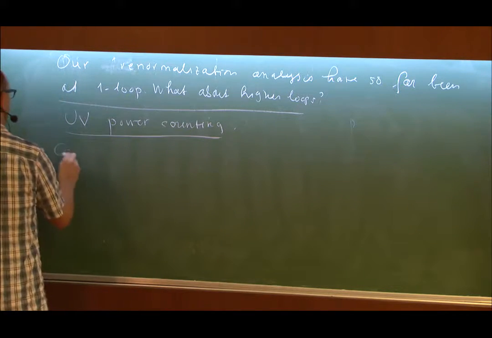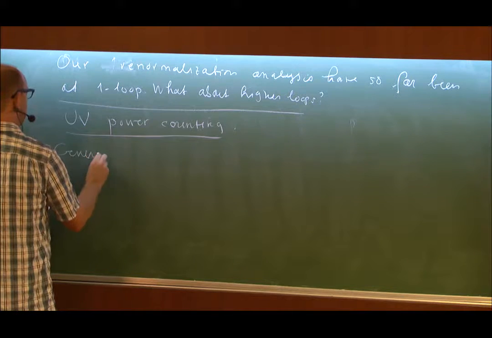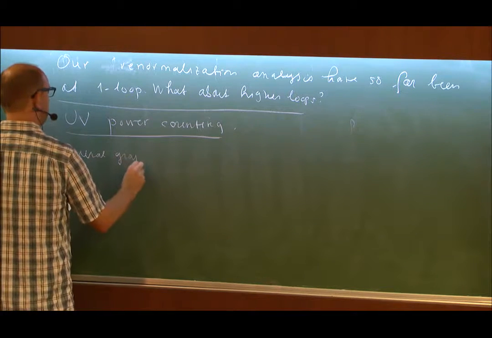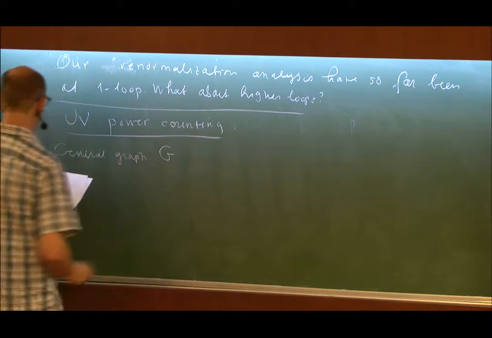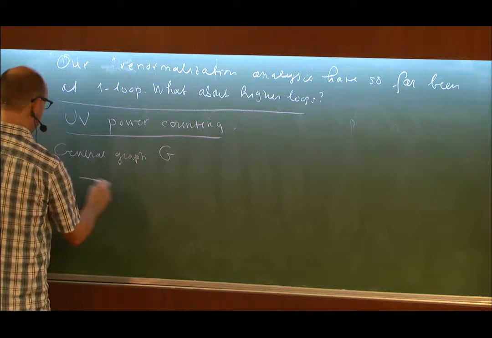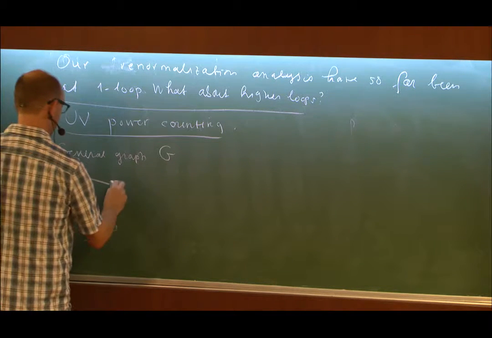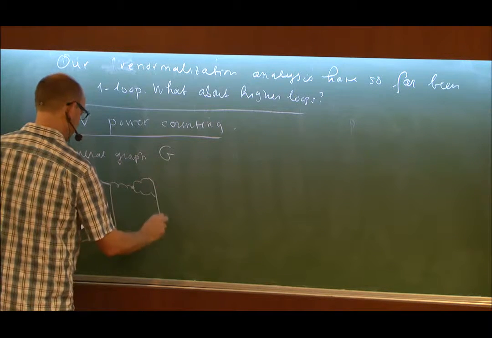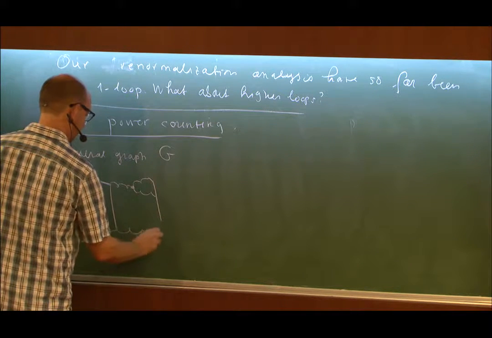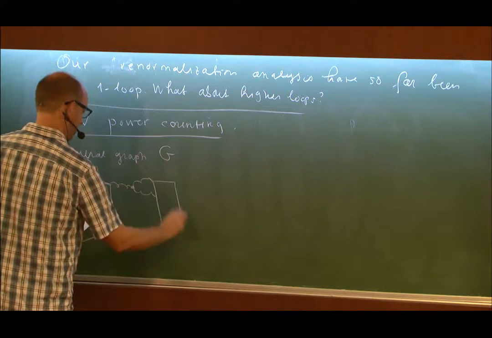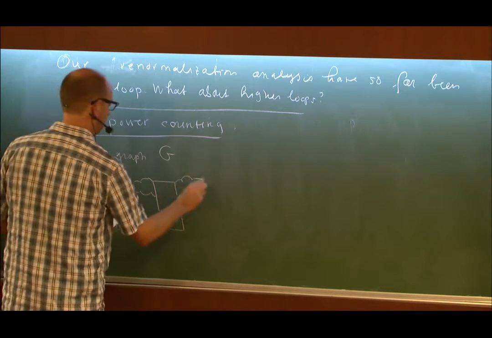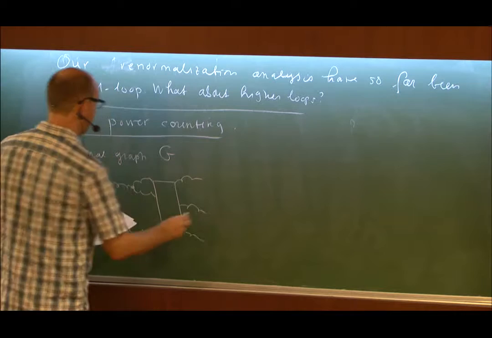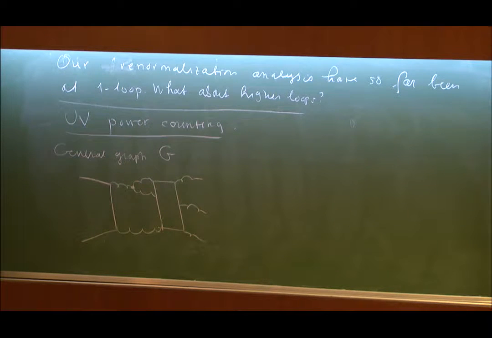So let's look at the general graph G. And let me draw a general graph. I will certainly not compute it, not even for all the money in the world. I don't even think I could. So this is a nice complicated graph. Okay, 3 loops, etc. Lots of internal lines.